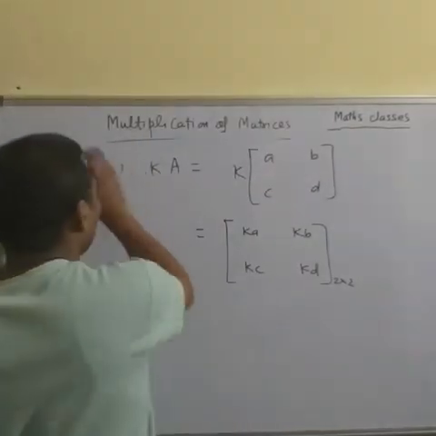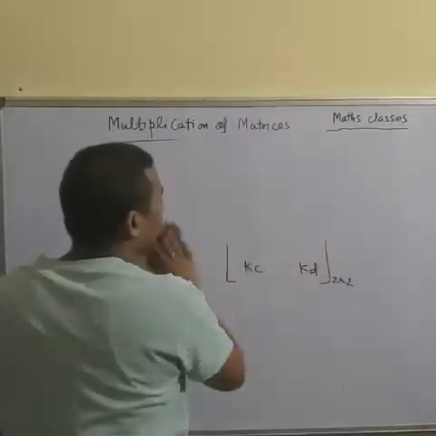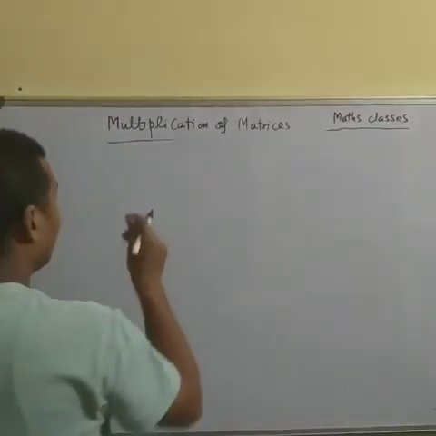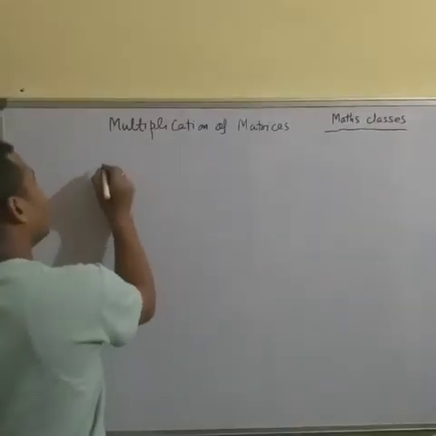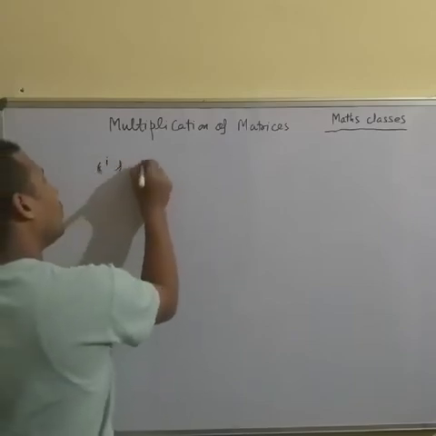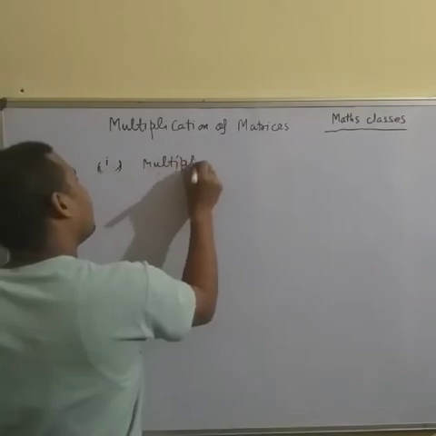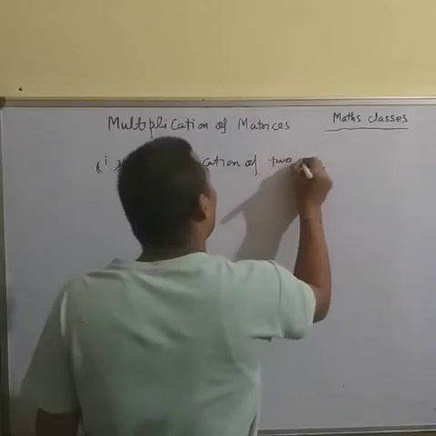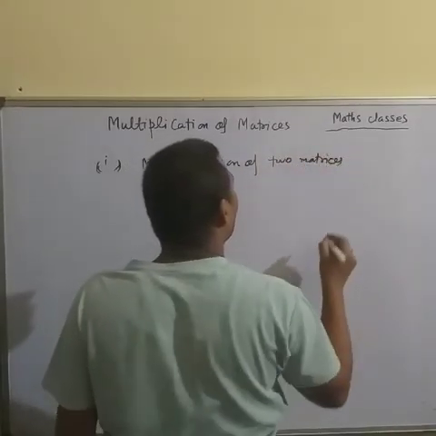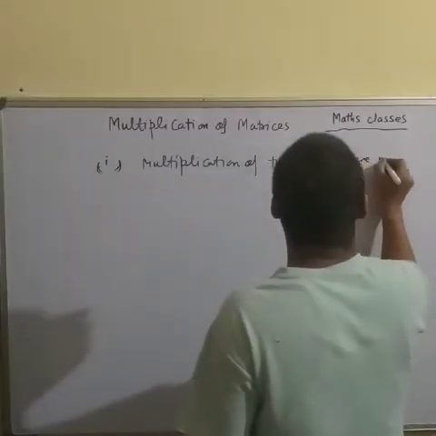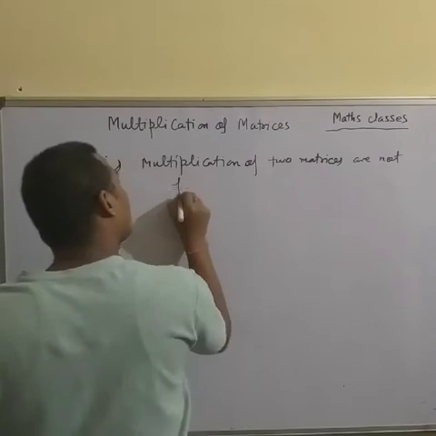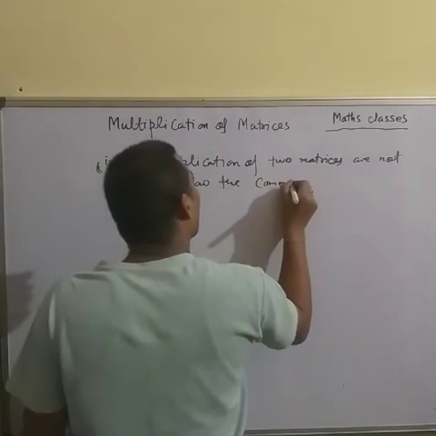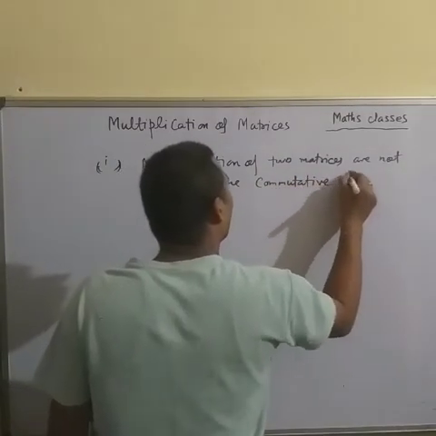Now, what is the important rule? Multiplication of two matrices does not follow the commutative law.